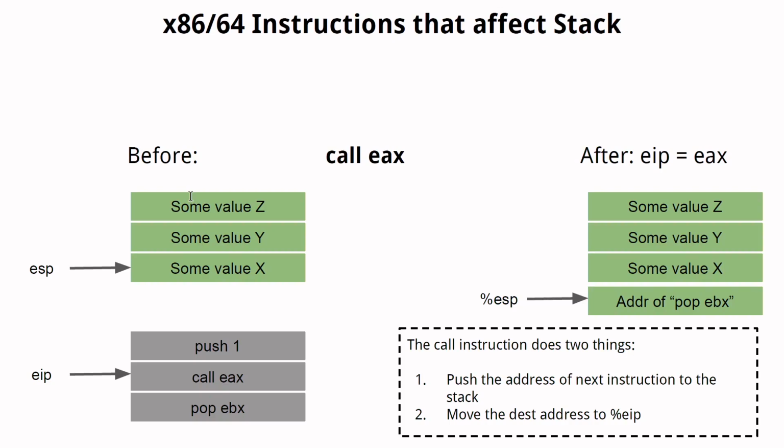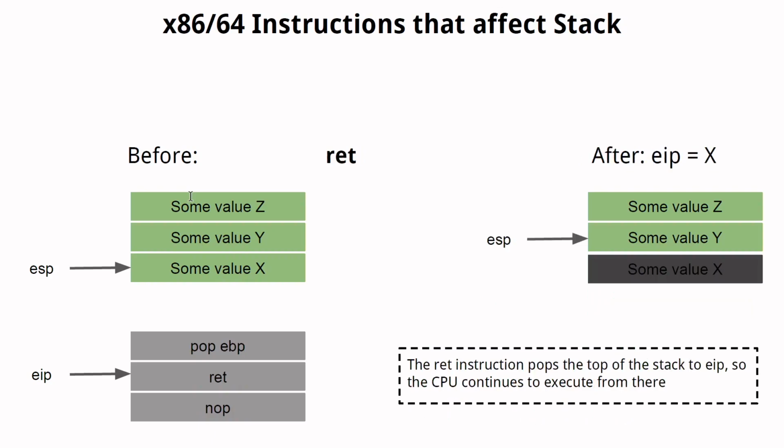The next is the return instruction, which is a reverse operation of call. Return will only pop the top of the stack. Whatever that value is, we pop that value into EIP, which means the CPU will continue to execute at that address.